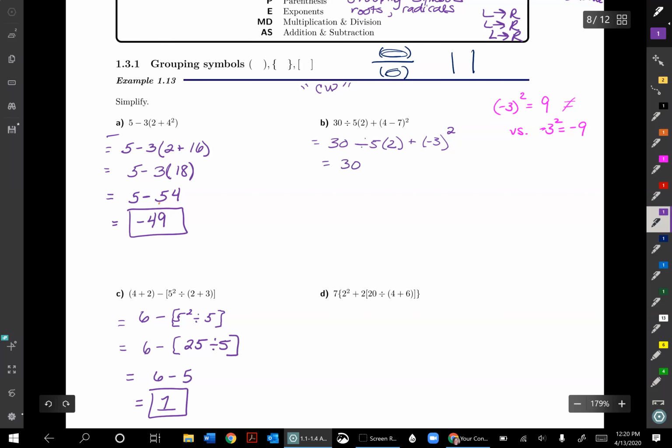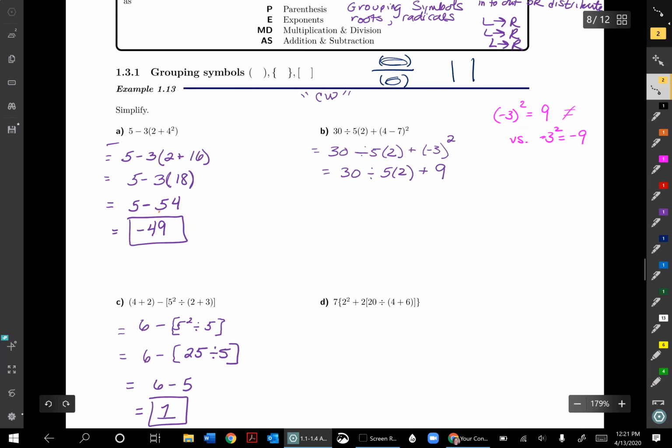So 30 divided by 5 times 2 plus positive 9 would go in the next line. Now here's another one that you have to be really careful with. This parenthesis is not meaning do it first, like up here. It's not a grouping symbol. It's just a multiplication notation.